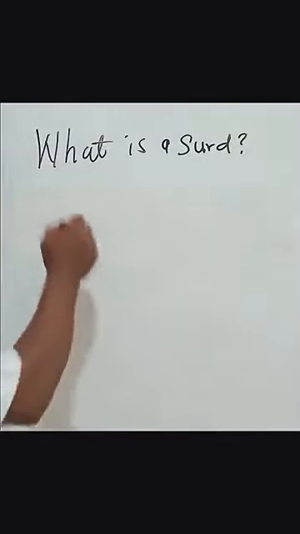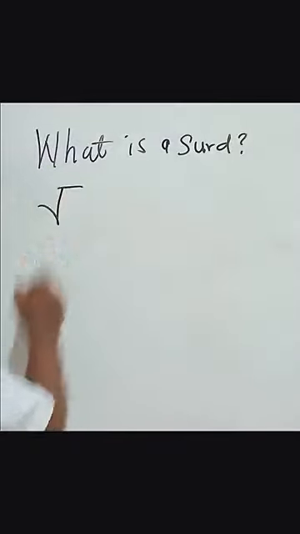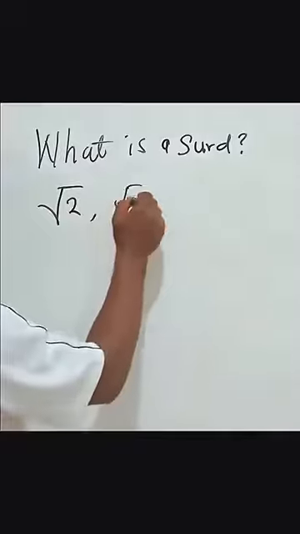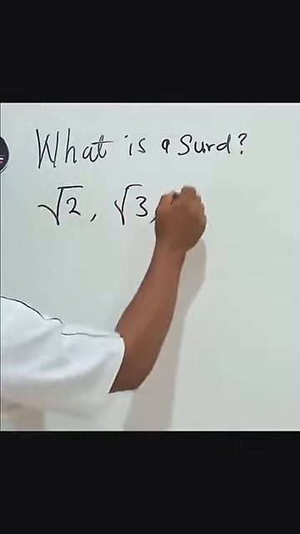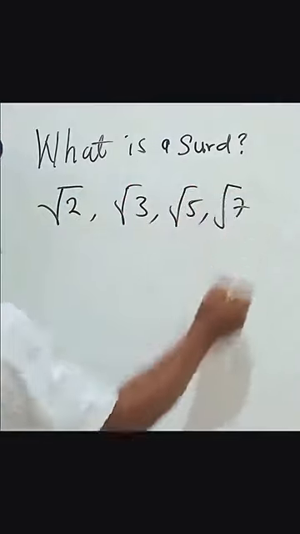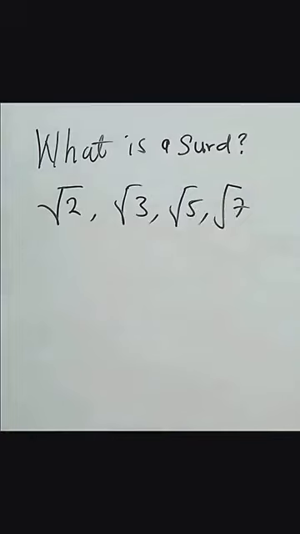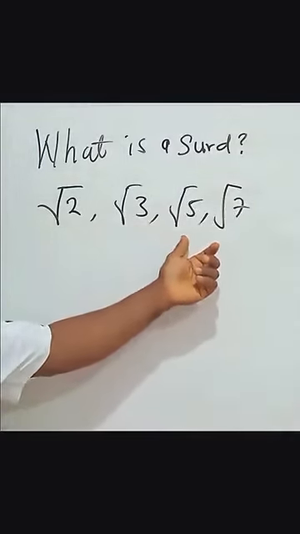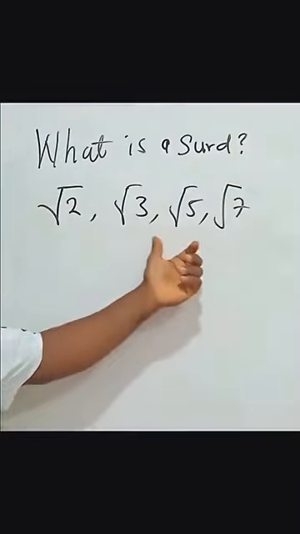For example, the square root of 2, the square root of 3, the square root of 5, the square root of 7. These square roots cannot be expressed as a whole number. Therefore, they are examples of surd.